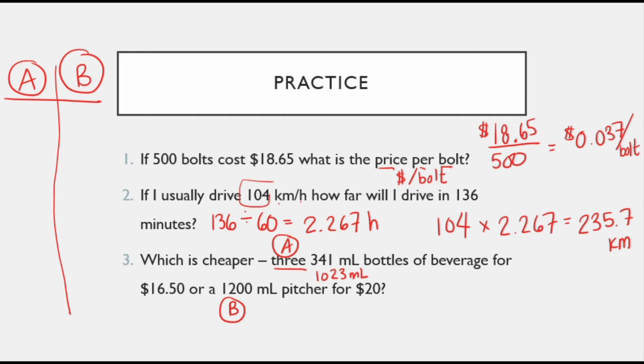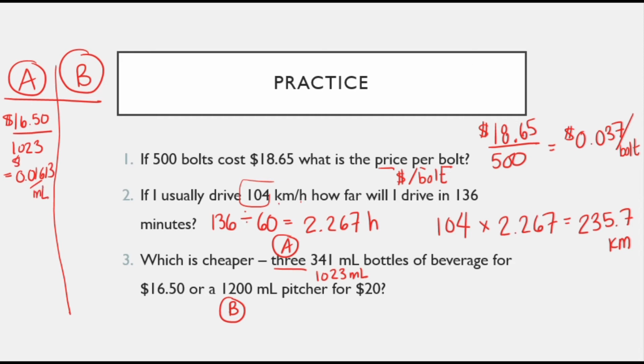So for situation A, we're going to take 1650 and divide it by, I'll just use the fraction bar for that, 1023, and that gave me about 0.01613 dollars per milliliter.